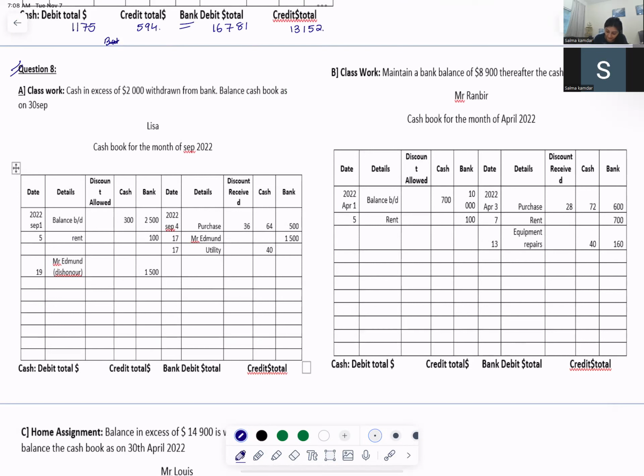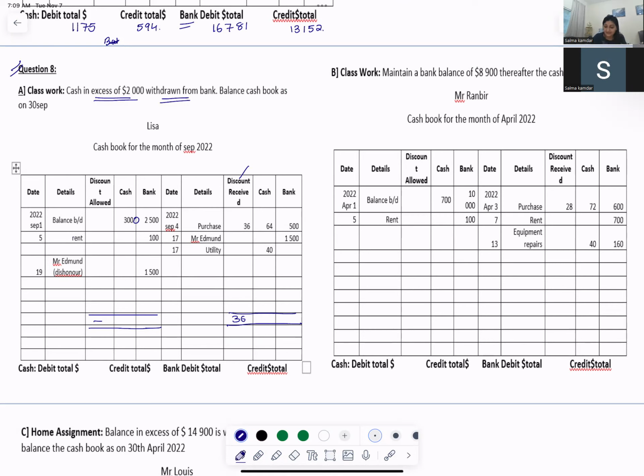The first thing that I always do is I will make the total lines. 36 will go to the credit side of the discount received account. Now what they have told you, make the balance brought down as 3,000. Cash in excess of 2,000 is withdrawn from the bank.